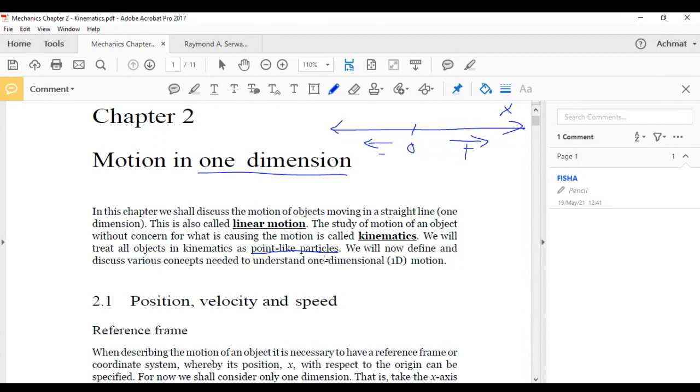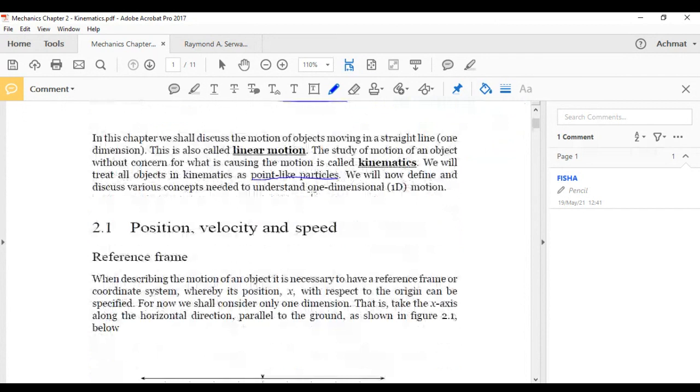Once you think of a car, a three-dimensional shape, it is a bit awkward because many other things will then have to be considered. So to deal with one-dimensional motion, let's think of a point that will just be moving forwards and backwards on that line.